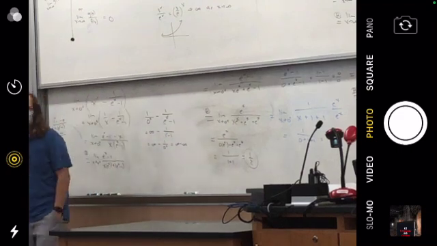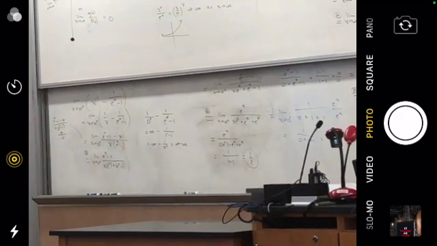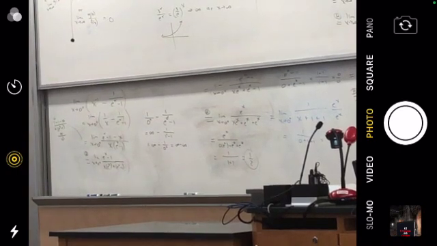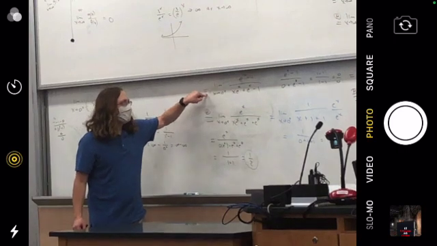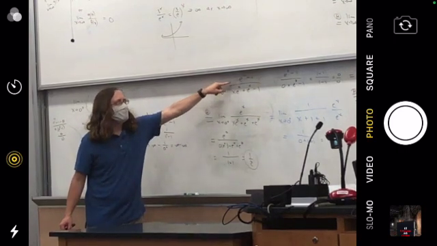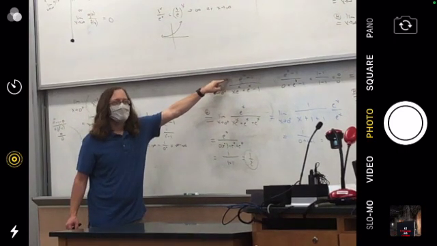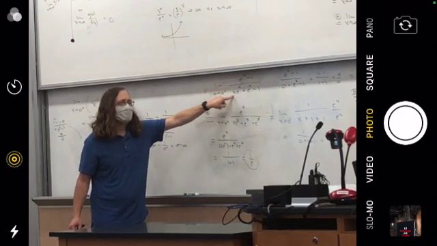So I technically could have plugged in. I didn't need to cancel more. If I wanted to, I could. It didn't really hurt anything. So would you have been able to cancel in the step before the one we just got to? Yes, like this step. Would you maybe have been able to cancel e^x minus 1? Oh, okay. Which means this is going to be a little bit harder to factor. Okay.